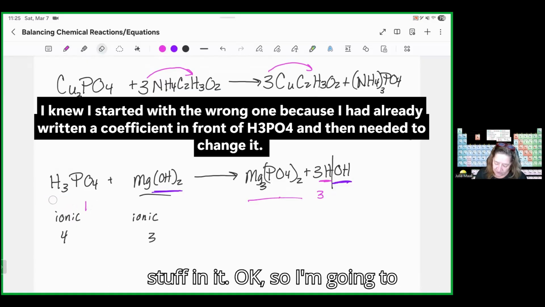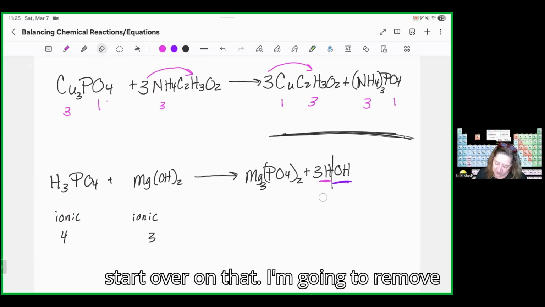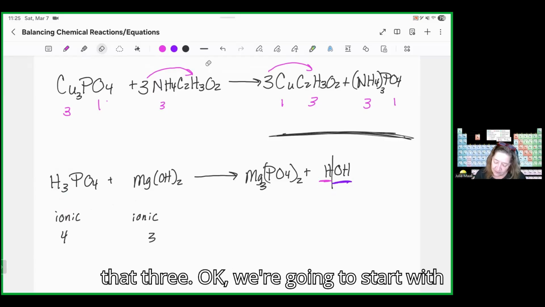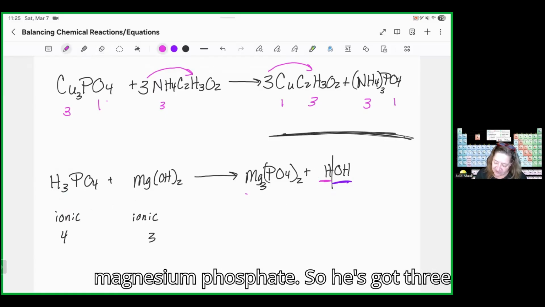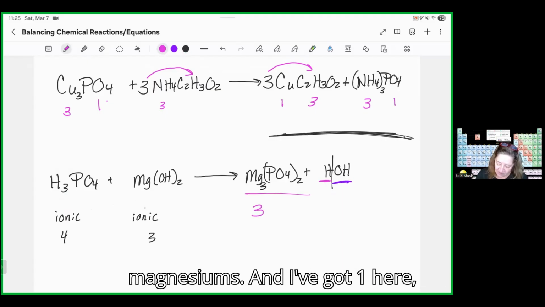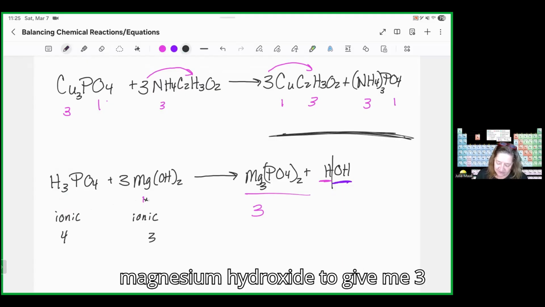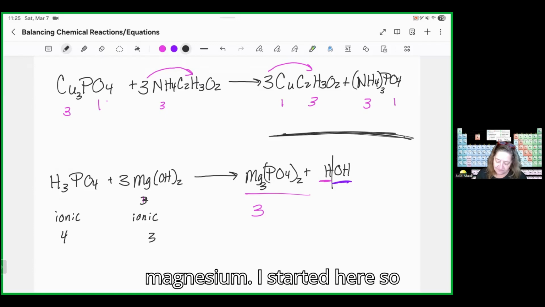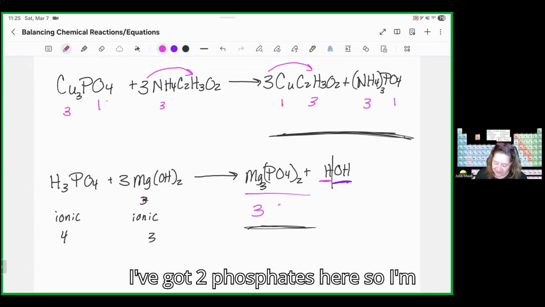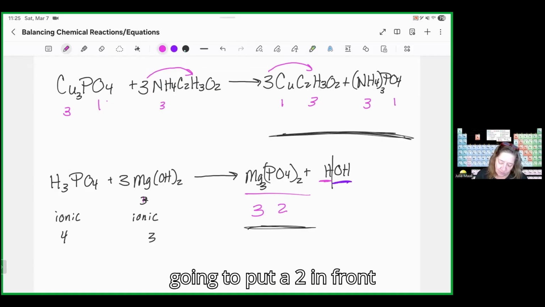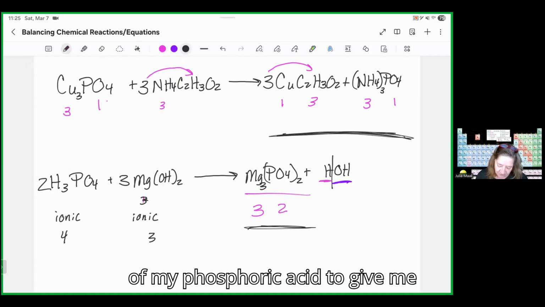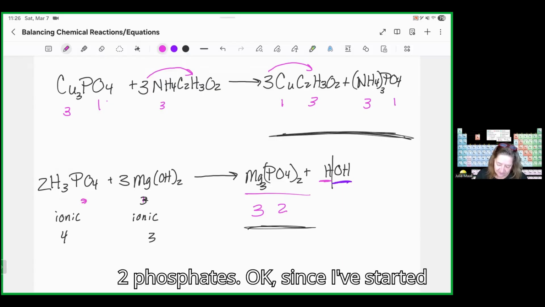So I'm going to start over on that. I'm going to remove that 3. We're going to start with magnesium phosphate. So he's got 3 magnesiums, and I've got 1 here, so I'm going to put a 3 in front of the magnesium hydroxide to give me 3 magnesiums. I've got 2 phosphates here, so I'm going to put a 2 in front of my phosphoric acid to give me 2 phosphates.